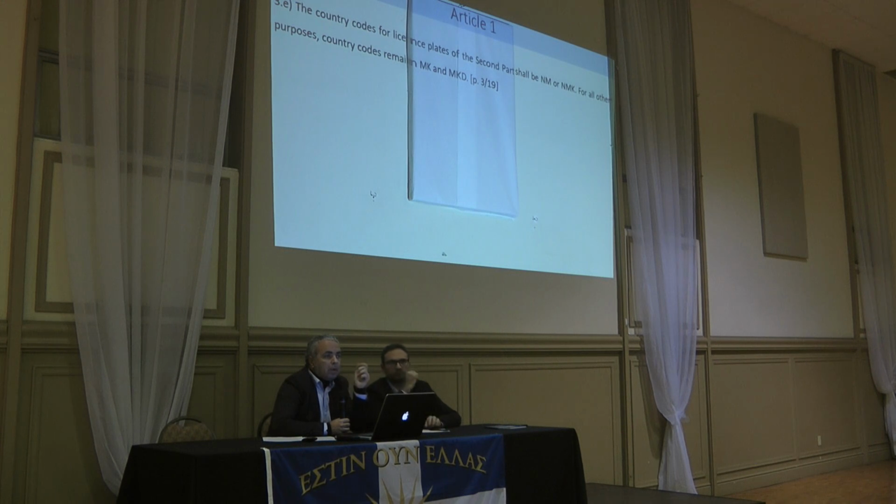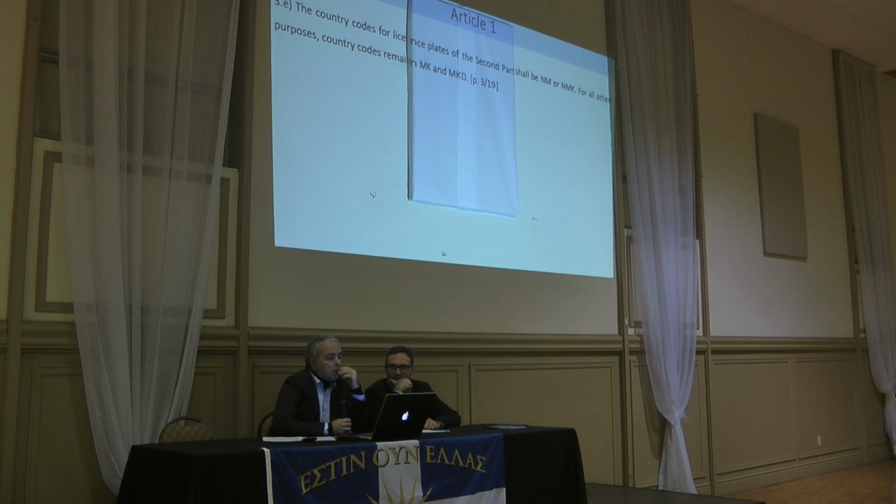So this is only Macedonia. You see the point? Oh, don't say no, it's written. It's incredible, but it's written. What does it mean? It means that everything in FYROM will be the same, just for the cars and for the license plates, which are going to go in Greece.